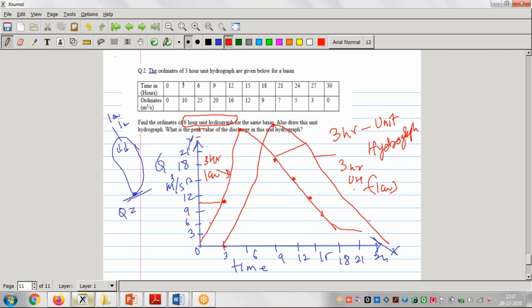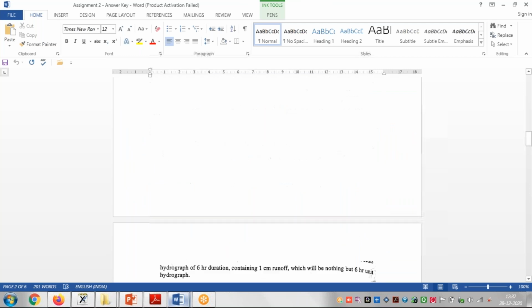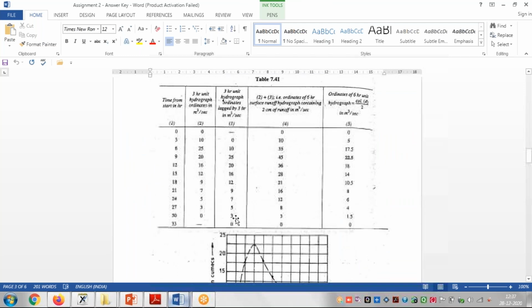When I add the ordinates, these ordinates occur 2 times, right? The same thing you will see here when we add these 2 ordinates at the same time. Now see here, this is unit, now lag by 3 hours. These are the ordinates, and this ordinate is again starting from 3, right?